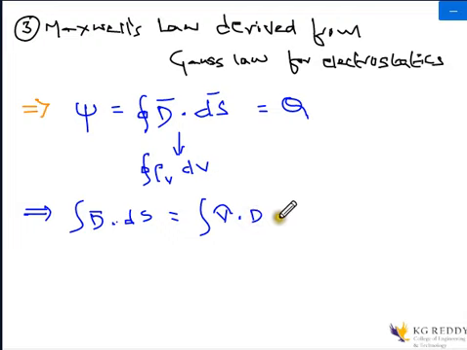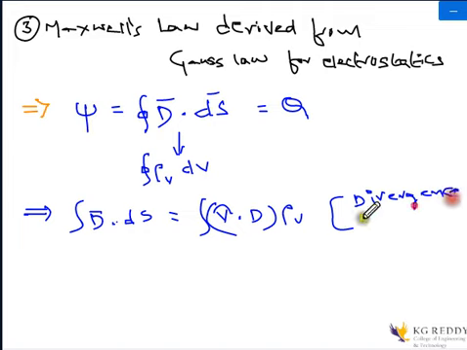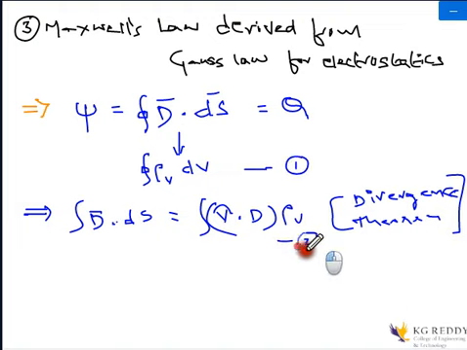The integration of D dot dS can be written as the integration of divergence of D dv. We have derived this from the divergence theorem, where we are able to convert the surface integral to the volume integral. Now let this be equation 1 and let the other be equation 2.